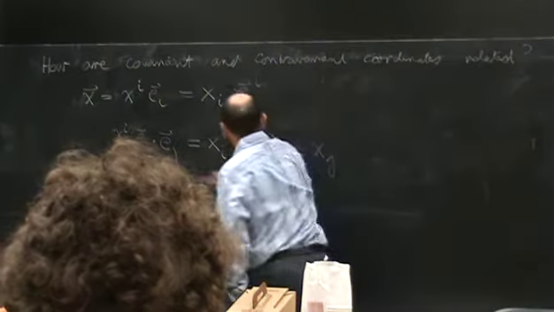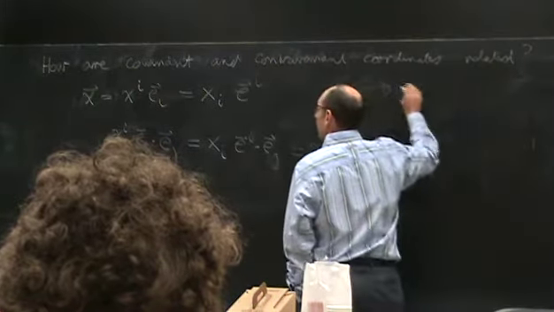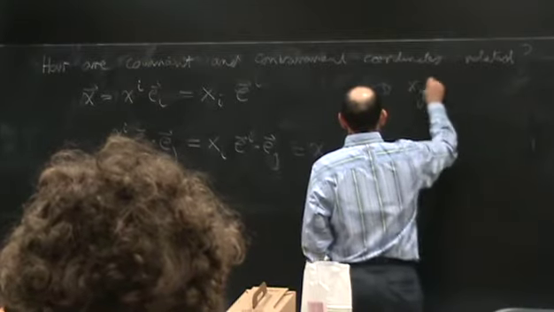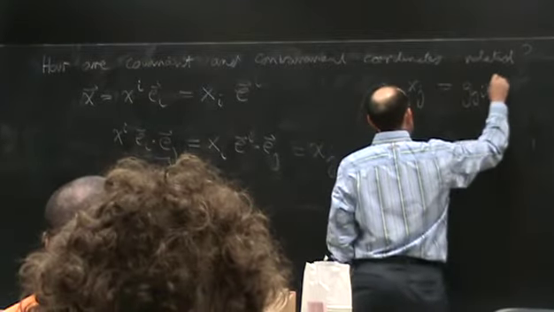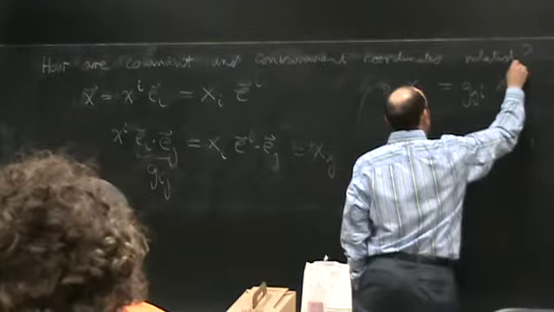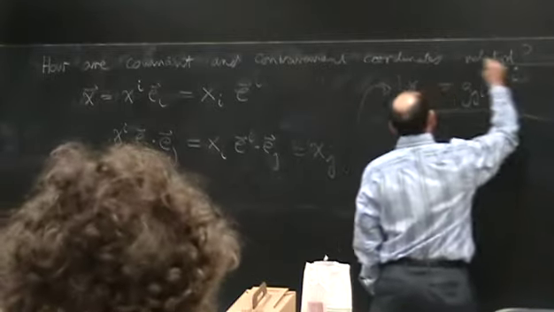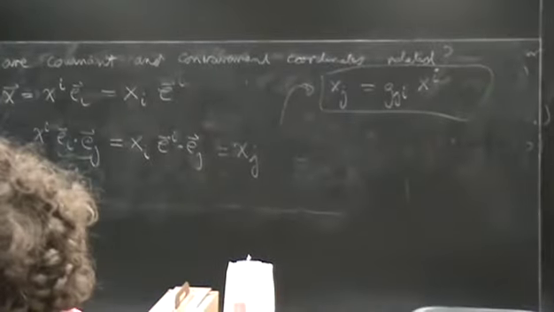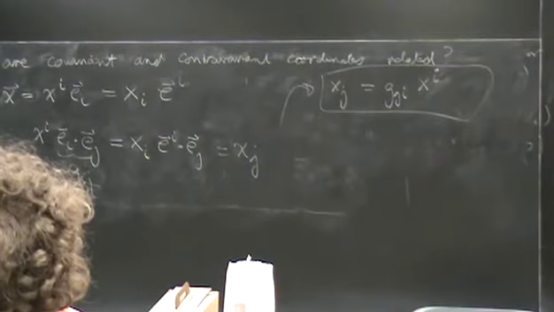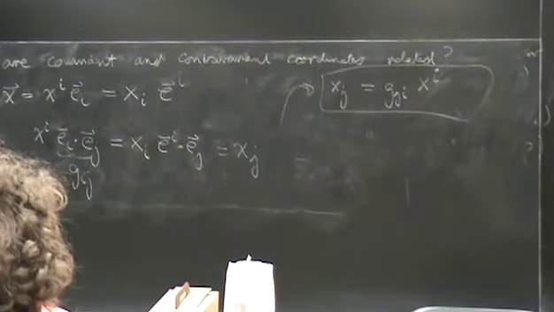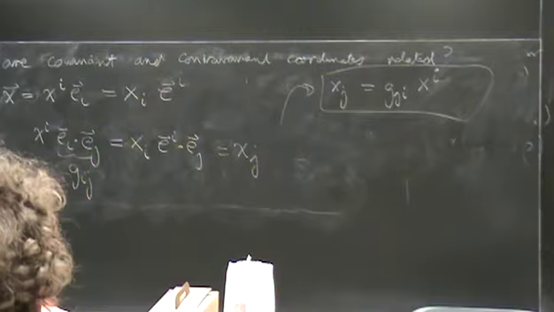Of course, this is symmetric, so I could write it the other way around. It says xj is equal to the sum over i.